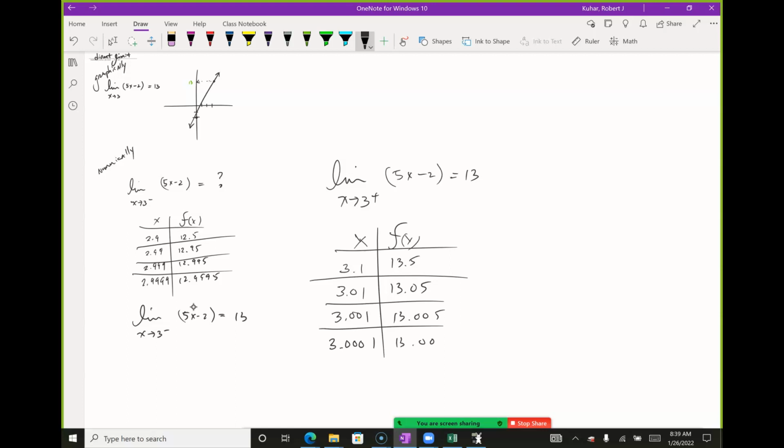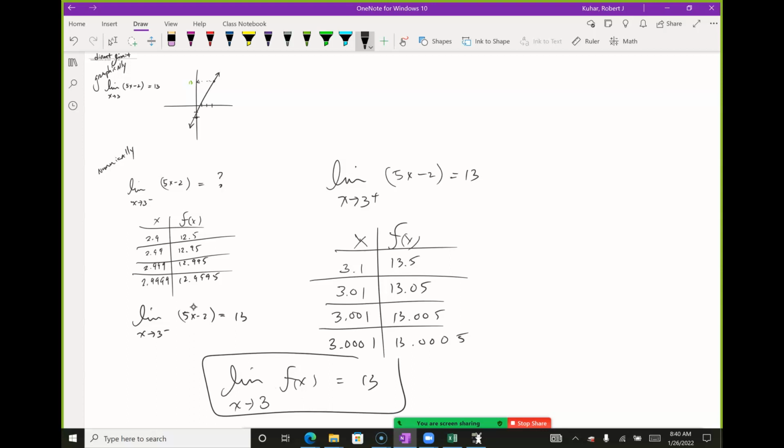You can see that 5 just running away from the 13. So now I got the same height from the left and right, the same value from the left and right. I know now the limit as x goes to 3 of f of x is 13, once I verified left and right.